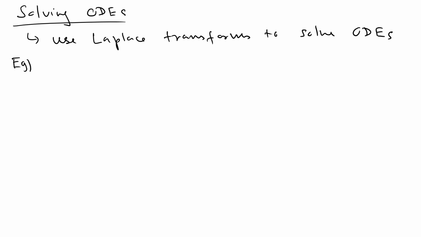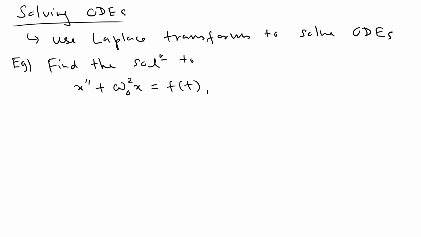Let's say, find the solution to this problem. Let's say x double prime plus omega naught squared x equals f(t). So f(t) is just an input function with x(0) equals 0 and x prime(0) equals 0.